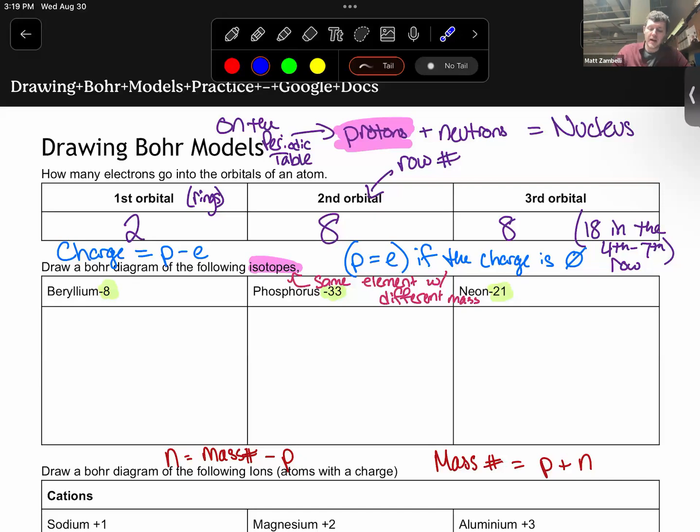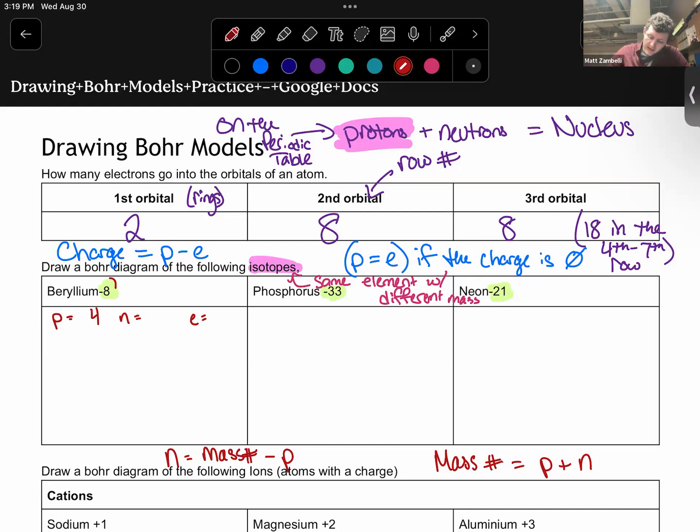Okay, but for these ones, beryllium, I gave you a mass number of 8 in this case. Okay, so the first thing I want us to do is to think about those 3 subatomic particles. So I'm going to write mine out, my protons, my neutrons, and my electrons. Okay, I need to know how many of each I have. So if I look at beryllium, beryllium is our 4th element on the periodic table, so it's got 4 protons.